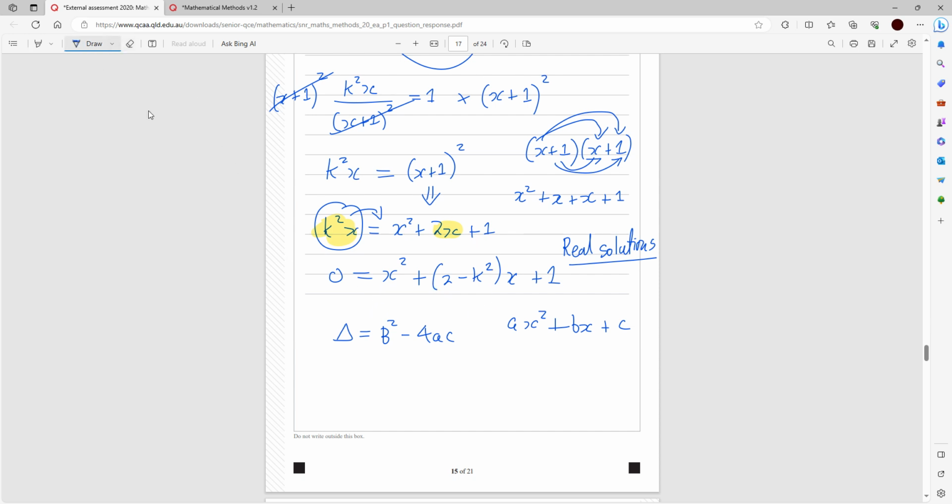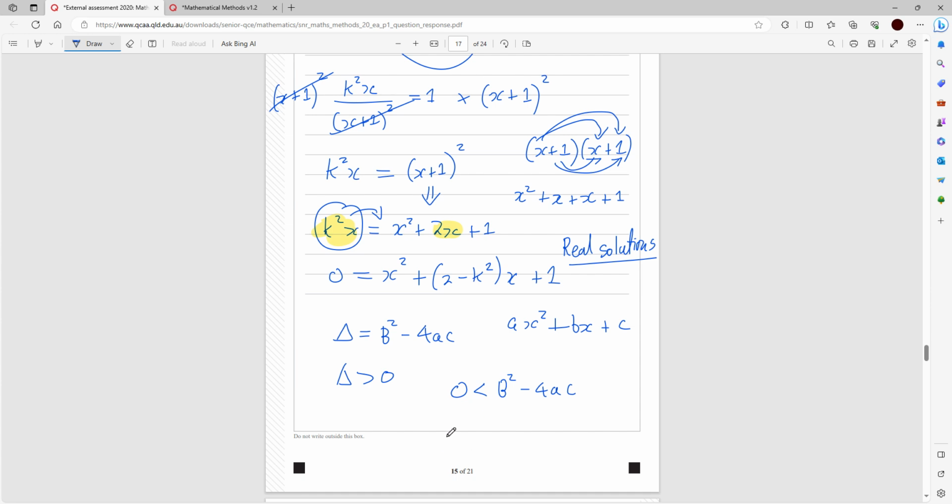So we're going to put in an inequality. The discriminant must be, and now I've got to think of it the right way, must be greater than 0. So that means 0 must be less than b squared minus 4ac. Okay?